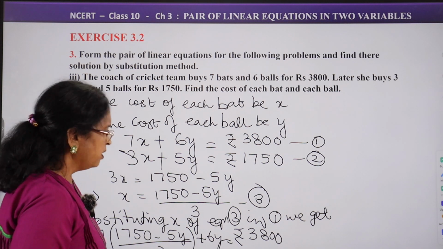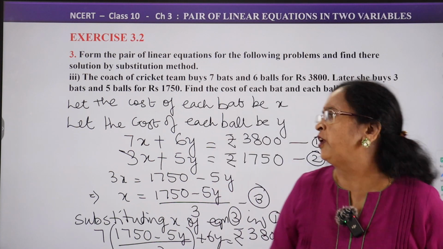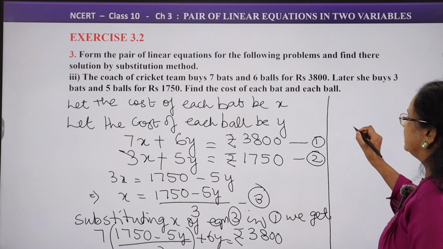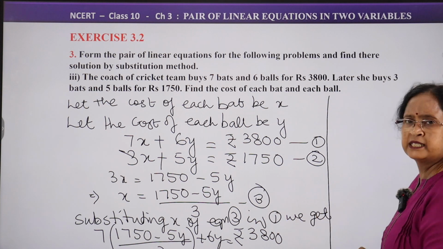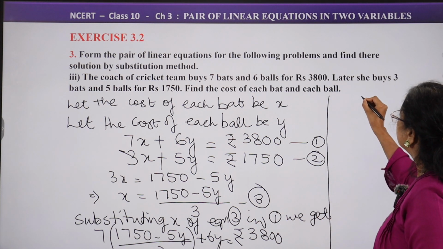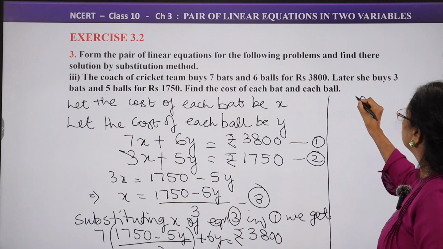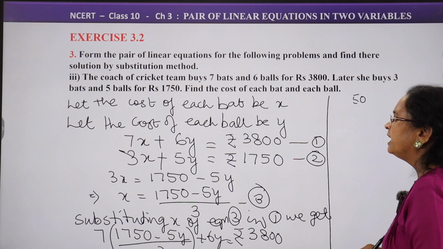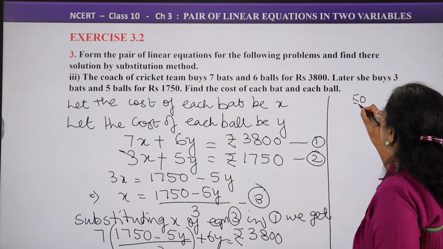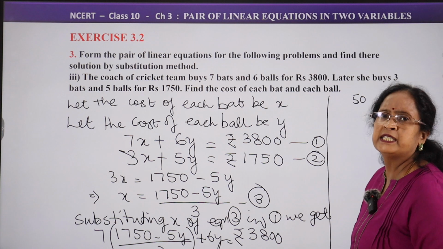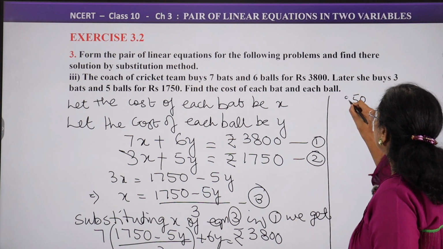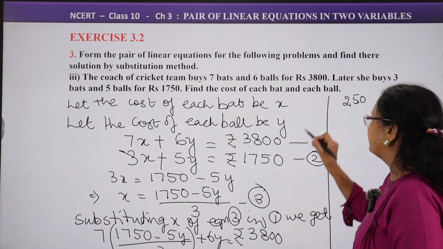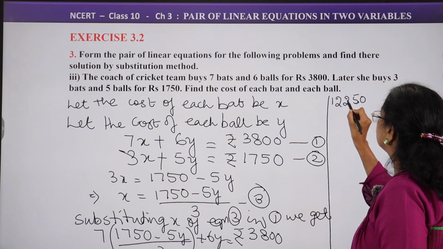So, finding the value for y, continuing from here, we multiply inside. 7 5s are 35, carry 3. 7 7s are 49 plus 3, 52, carry 5. 7 1s are 7 plus 5, 12.